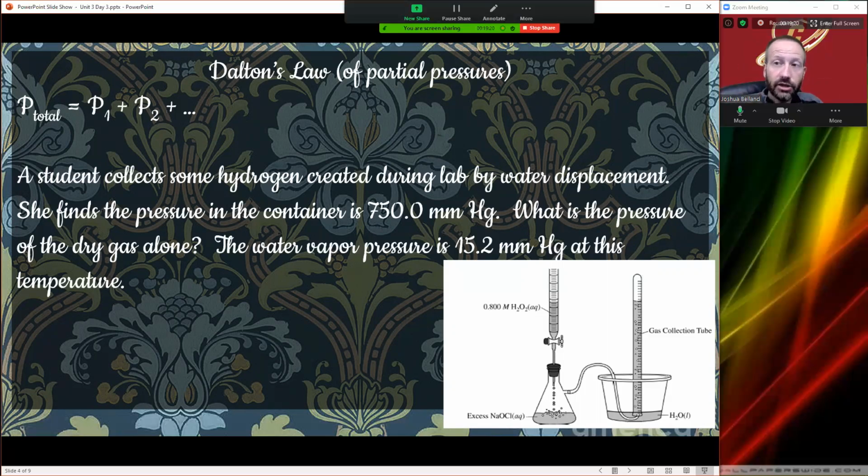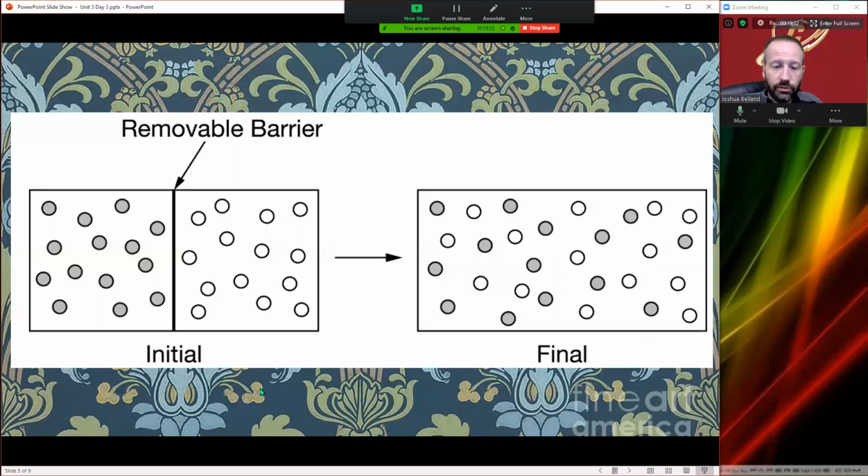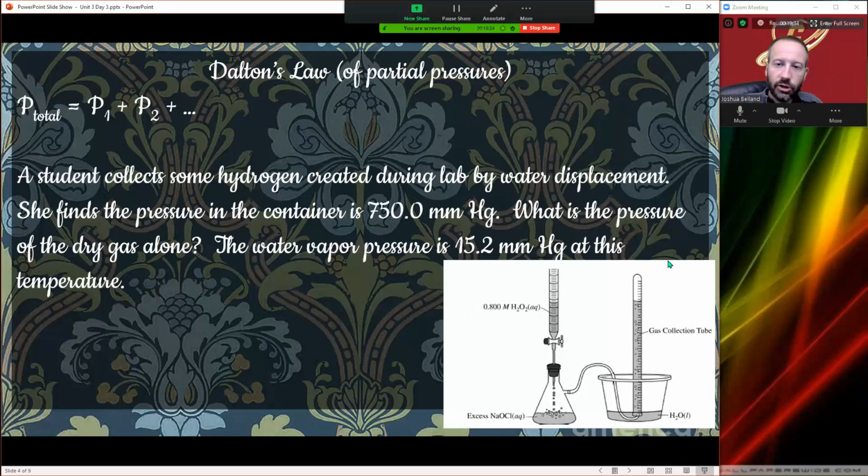I know in my class we make some hydrogen and it comes through a tube, and we have an upside down test tube in a container of water, and the bubbles come up and get trapped in the container. It really is a lot like this picture. So a gas is being made here.